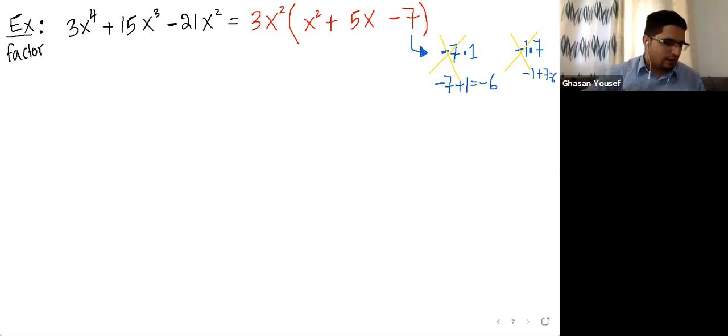Then we finished the factoring, like common factor and also trinomial factoring. Now we're going to rational expression.